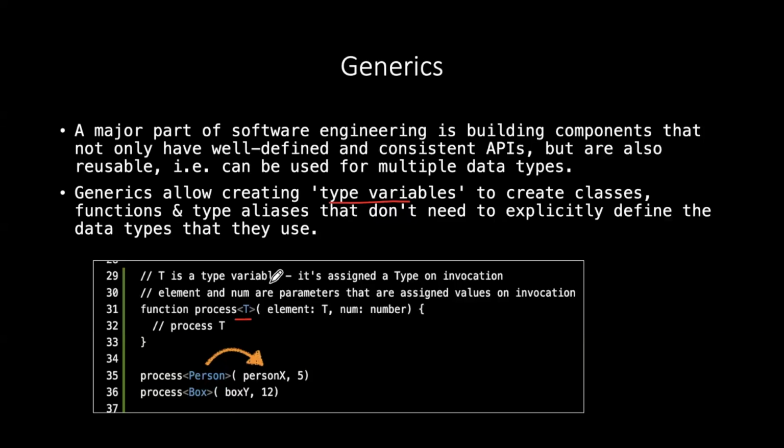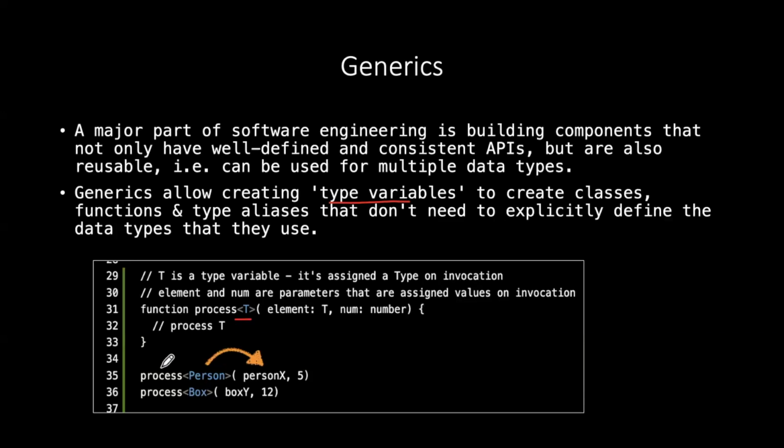So T here is just a variable name, and you could use any variable name that you want to. It doesn't have to be a single character. It's just the convention, but you can use any style you want to. So T here is what's called a type variable, which will only be assigned a type at invocation time.